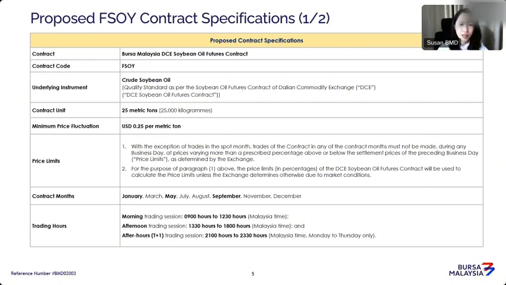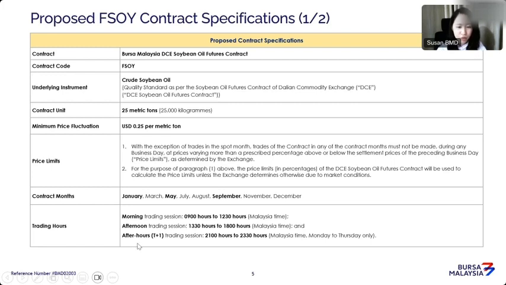This is to allow traders more opportunities to trade the soybean futures and to price in the soybean oil, trading it with the FCPO contract. So the spread strategies can still be implemented until 6 o'clock.